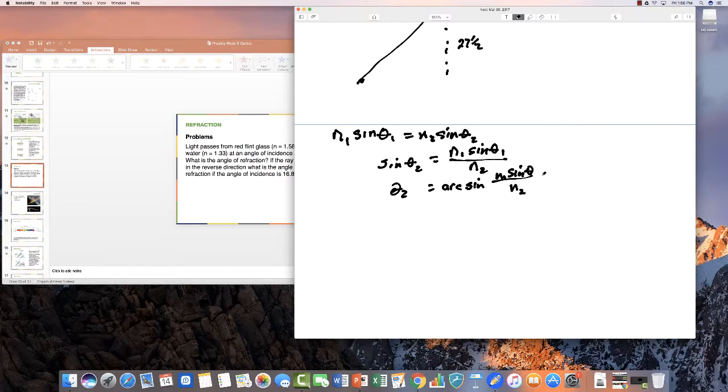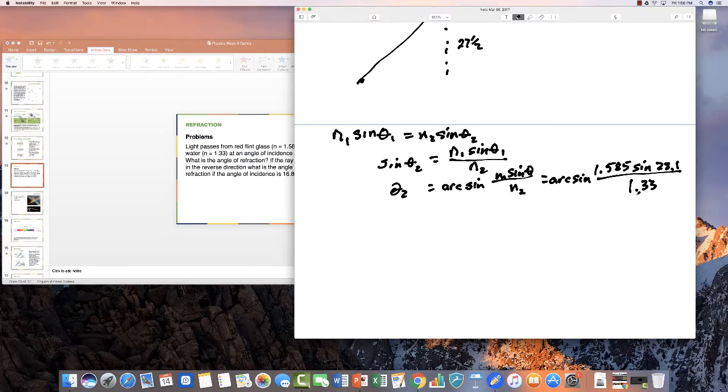And so let's put the numbers in here. It's going to be the arc sine of 1.585 times the sine of 28.1 degrees, divided by 1.33.